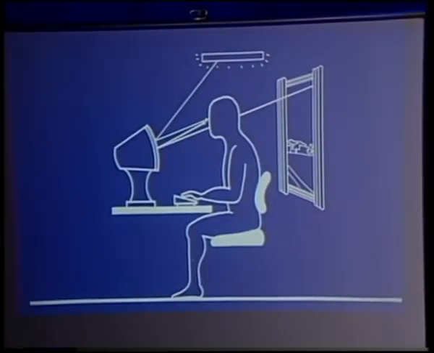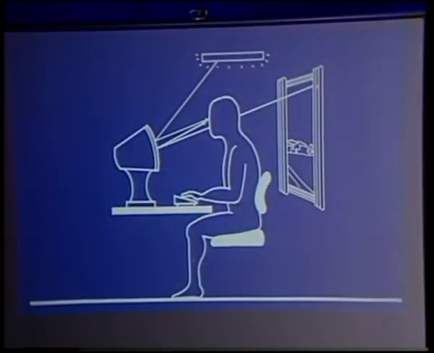So first I want to introduce you to the concept of reflection and glare. Reflection, by definition, is light that bounces off of a surface and reaches the eye. In this slide, you can see that the sources of reflection are the sun coming through the window and the overhead lighting. This light bounces off of the screen.